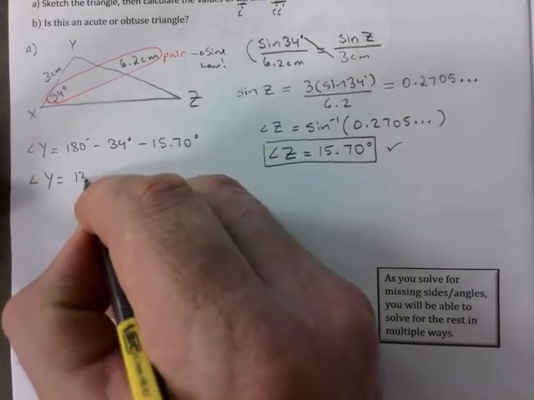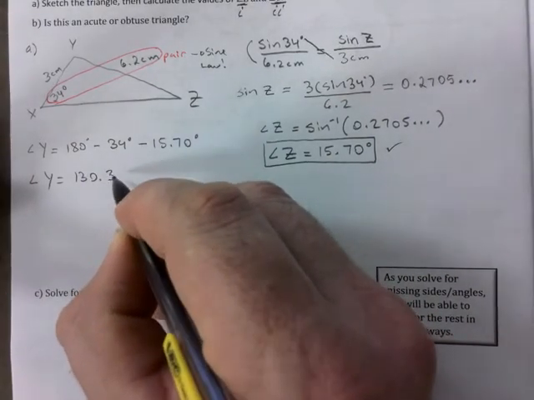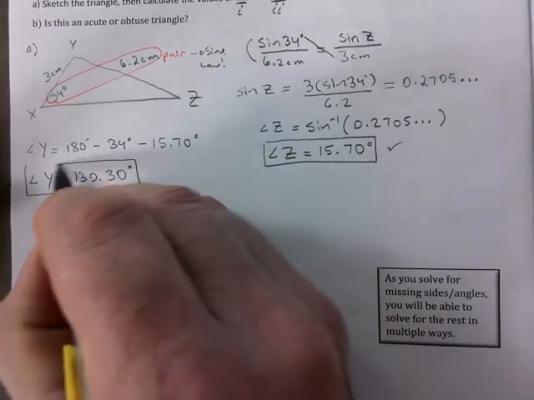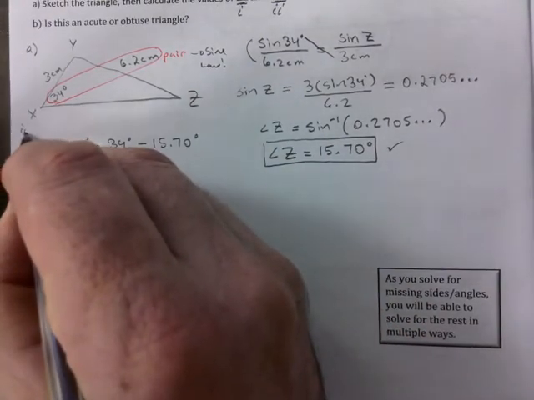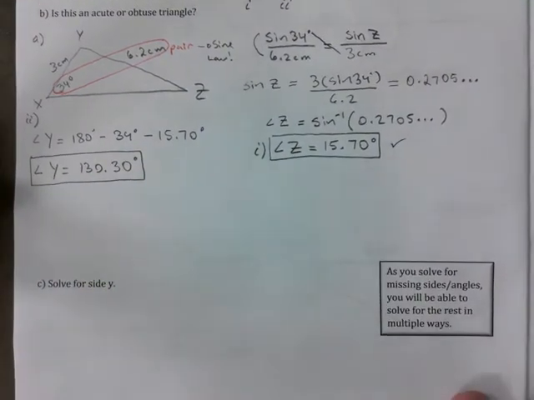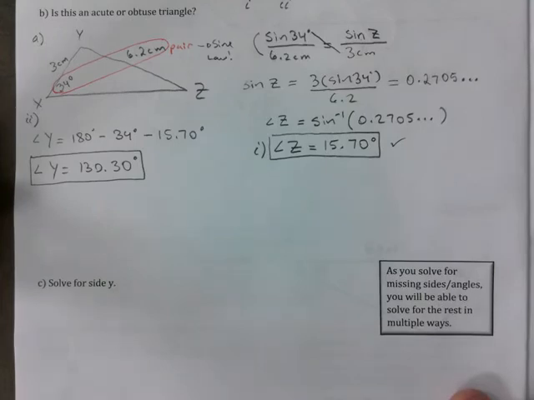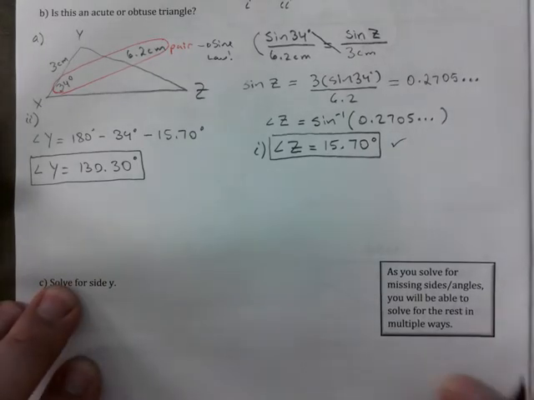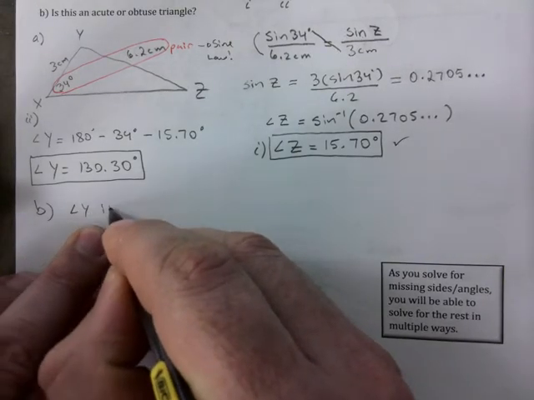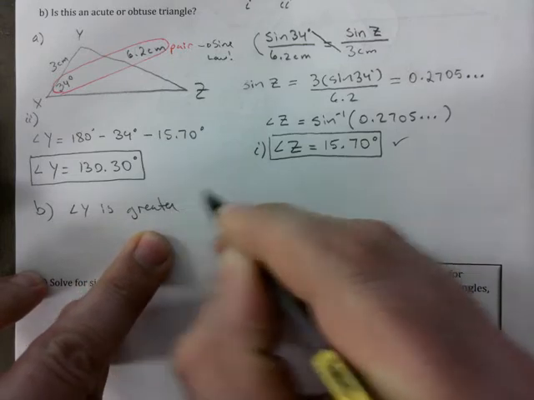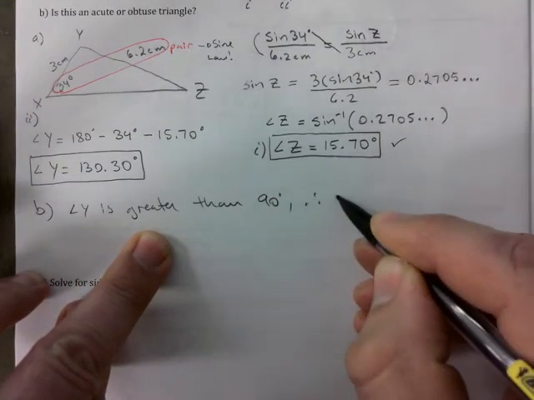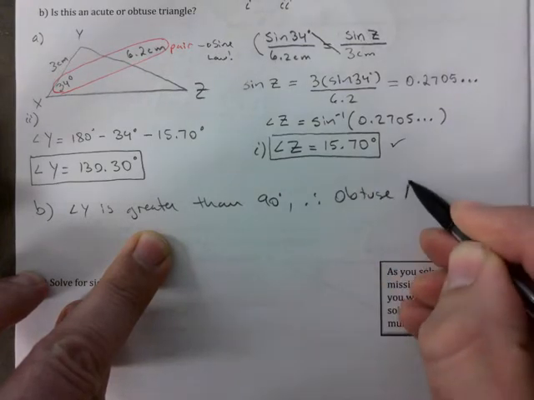So it's 130.3, doesn't really make a difference. So obviously this is an obtuse triangle. Okay, angle Y is greater than 90, therefore obtuse triangle.